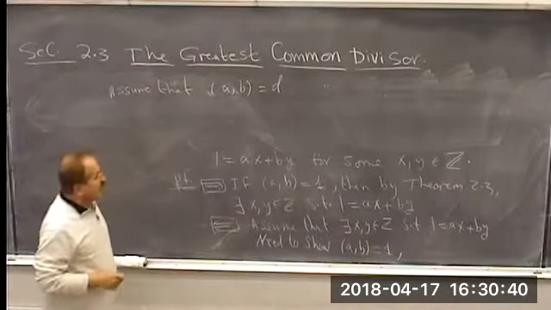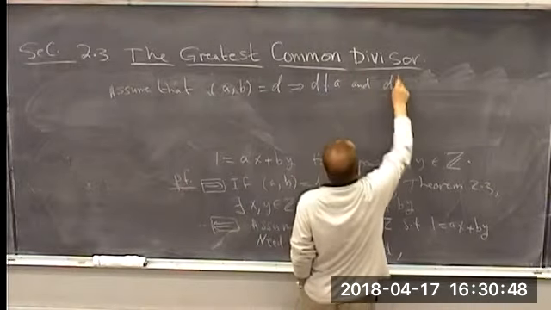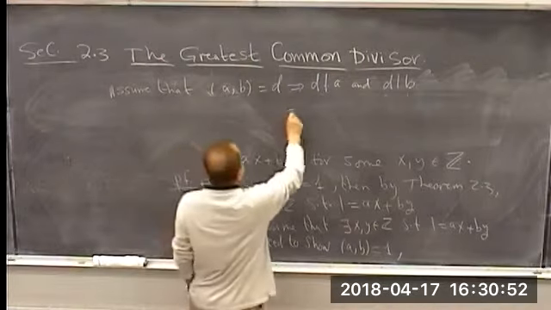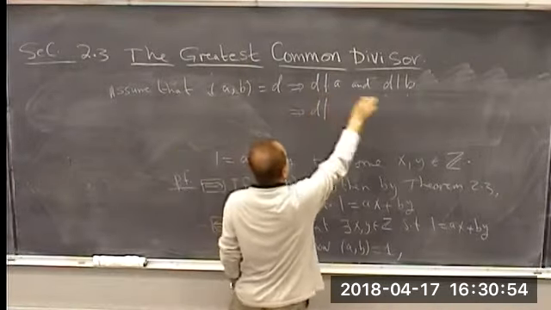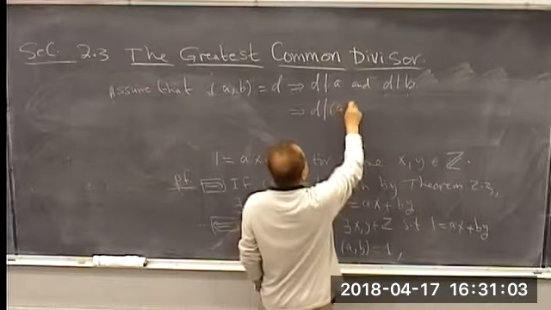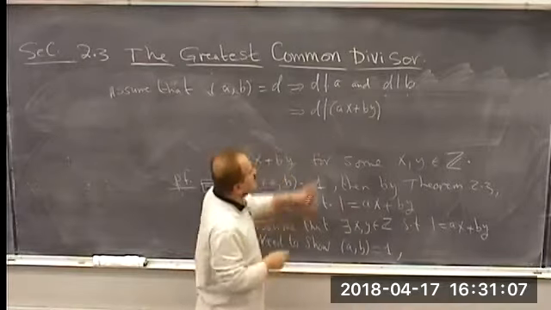Then this would imply that D divides A and D divides B. And this again would imply that D divides the linear combination of these. And I want to take the linear combination to be this X and this Y. But this is equal to 1.